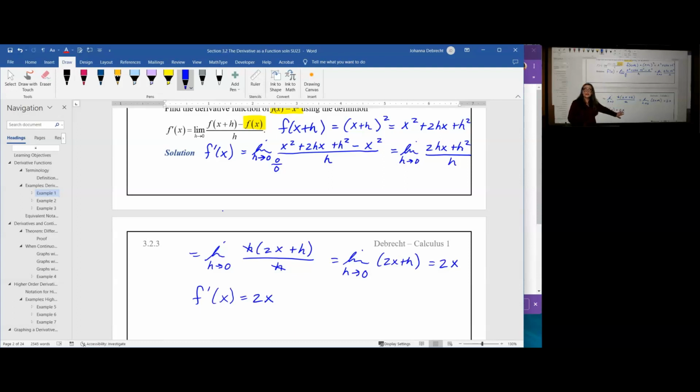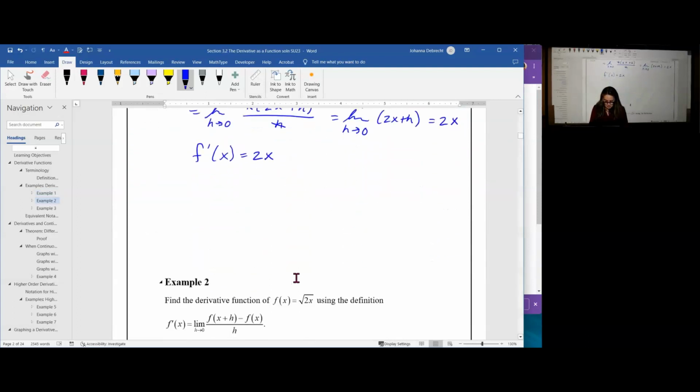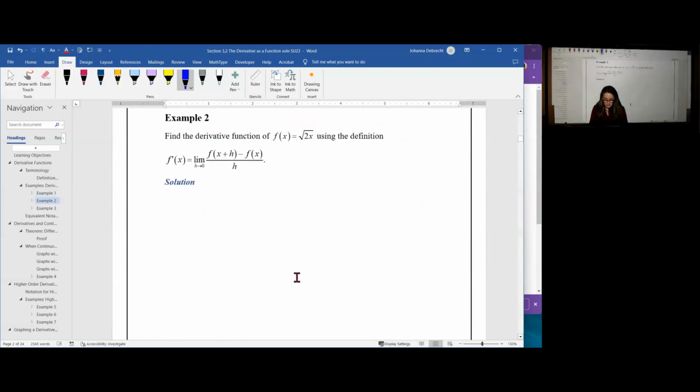So for example, what if I want to know the slope of the tangent line when x equals 3? Substitute 3 and I get 6. We know the tangent line at 3 will have a slope of 6. Let's now look at another example.